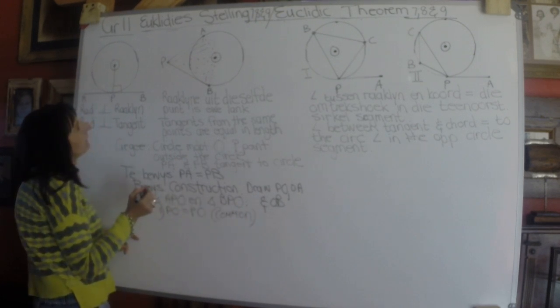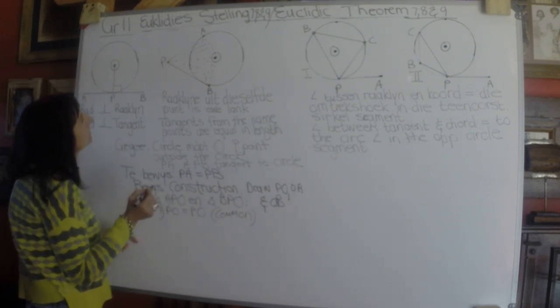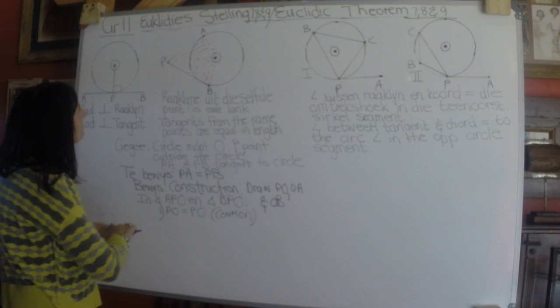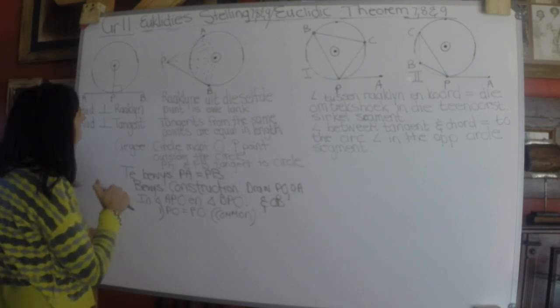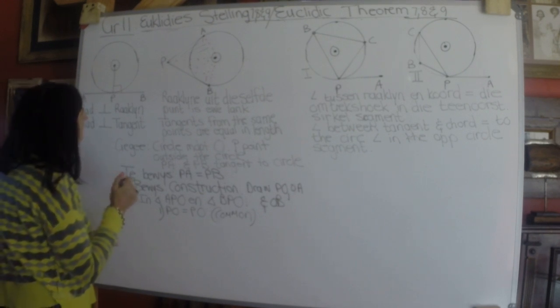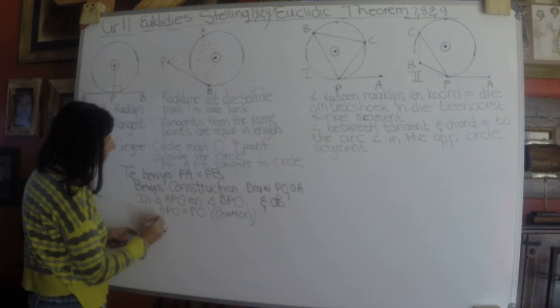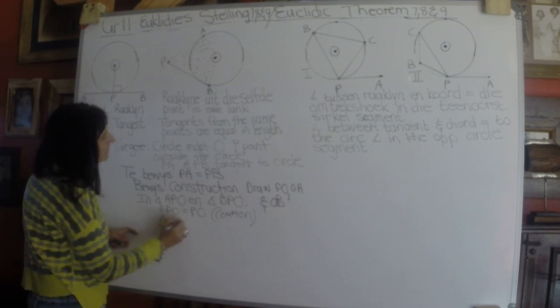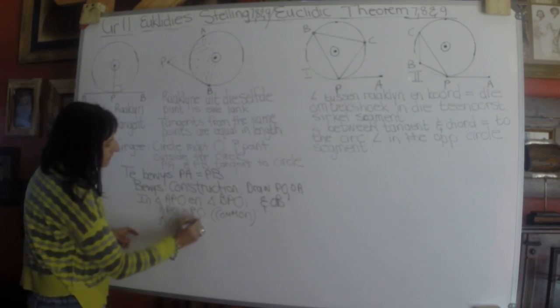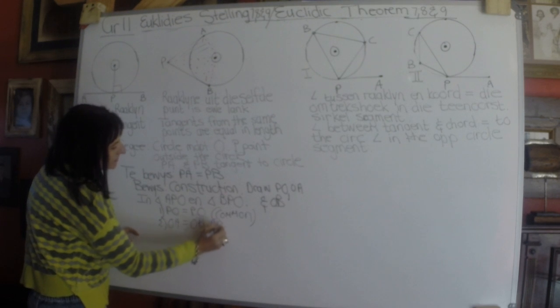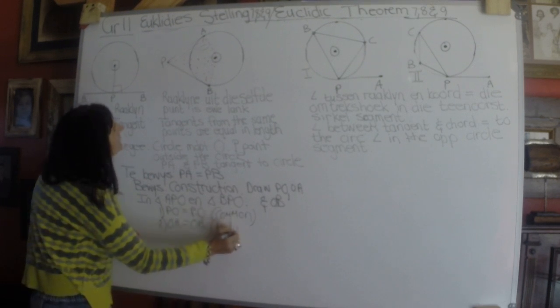Then we've got OA equal to OB, that's radii.